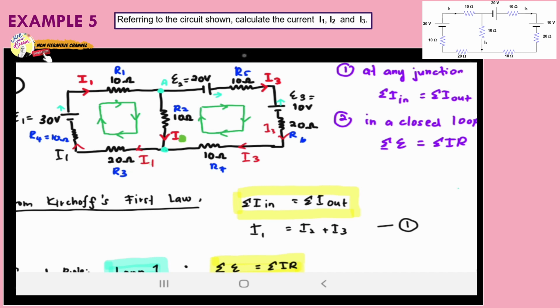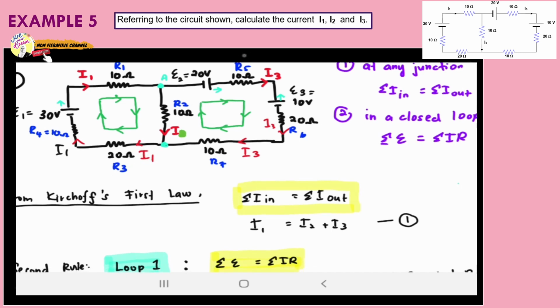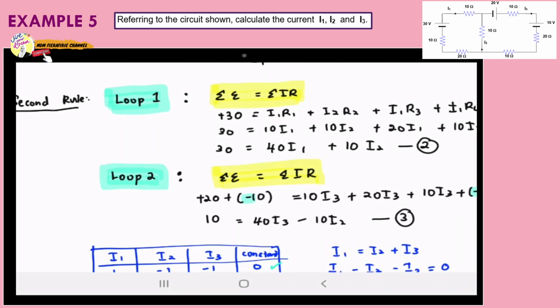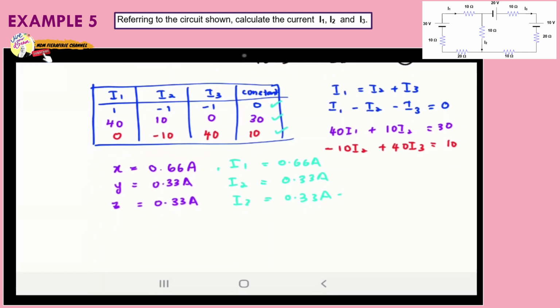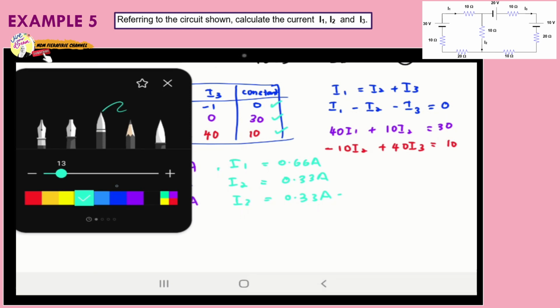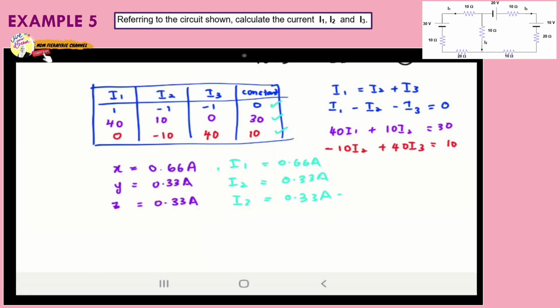Soalan ini saya tambah sendiri. So let's say we want to find V3, which is equal to I1 R3. I1 is the current that flows through R3, right? So I1 that we calculated earlier is equal to 0.66 ampere, and R3 is 20 ohm.